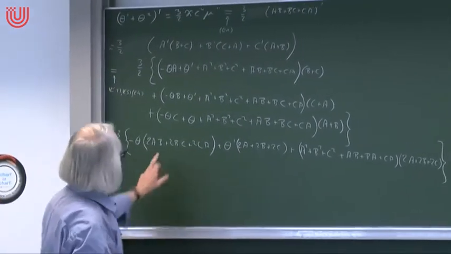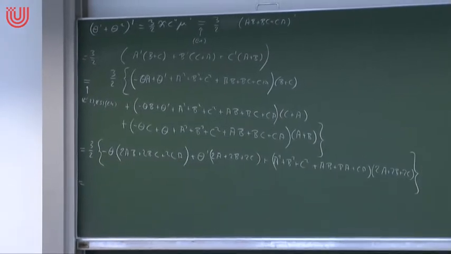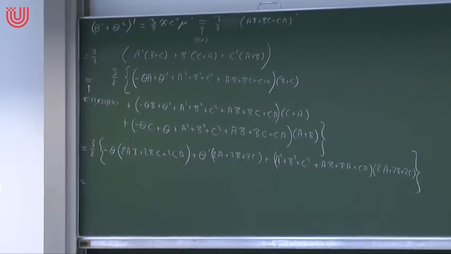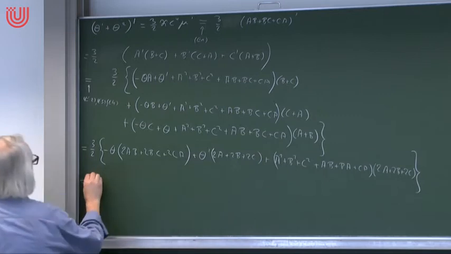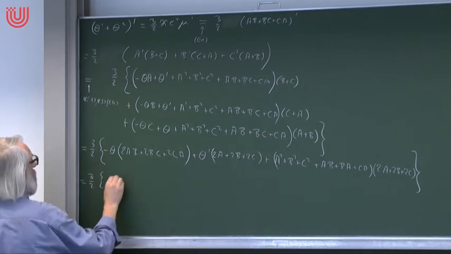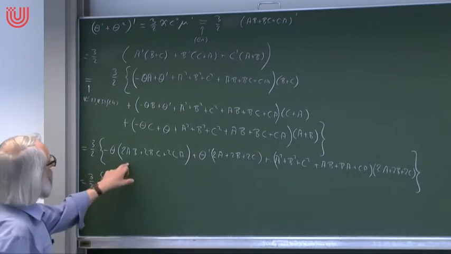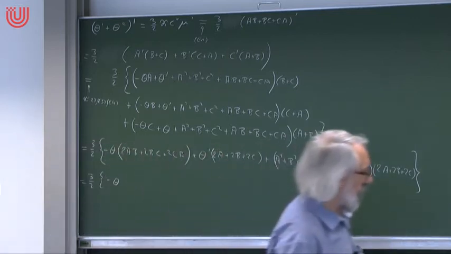So do I do anything with this? Let me check this. Yes, I think I do something with that. So I have 3/2 minus theta, and then 2AB plus 2BC plus 2CA.